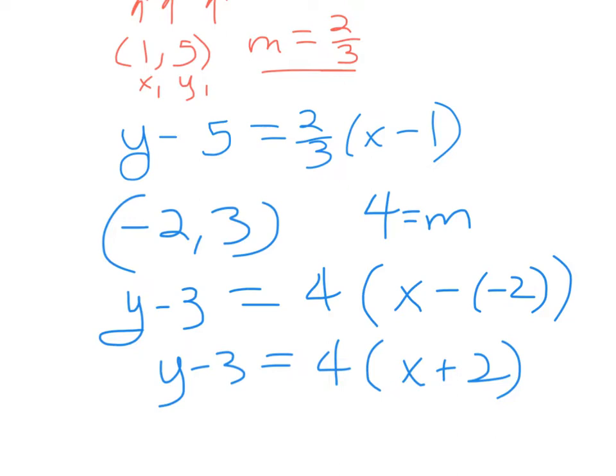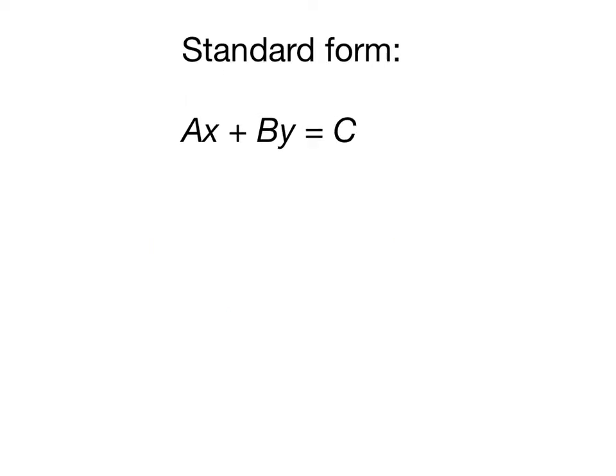The next form of the equation is called standard form. And standard form is where the x and the y are on one side and then the constant on the other. A, B, and C are just numbers.